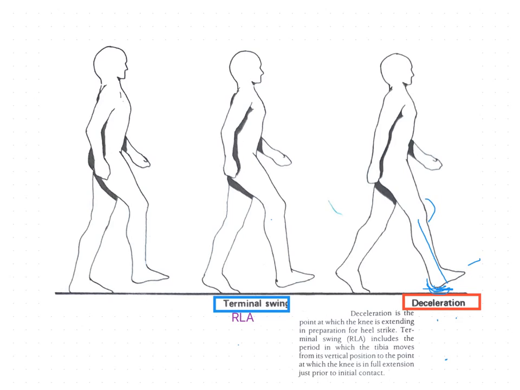With this, one gait cycle is going to complete. Initial contact is the heel strike of this right leg, and this gait cycle ends with heel strike or initial contact of the same right extremity.